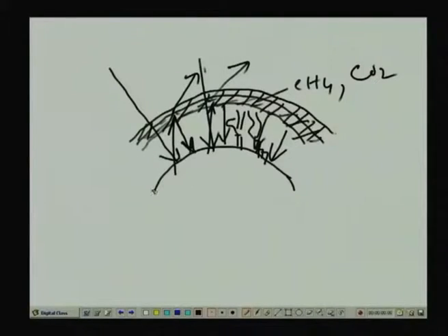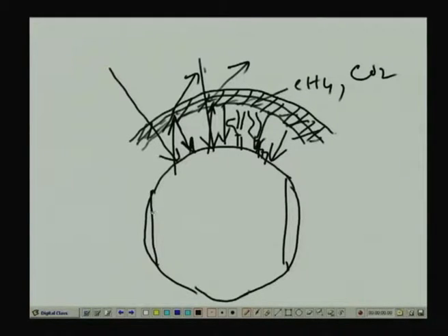Why it is important is just to suggest this. You see here, if we just consider this to be the pole area, here there are many ice cappings, like in the North Pole, which are known as permafrost.